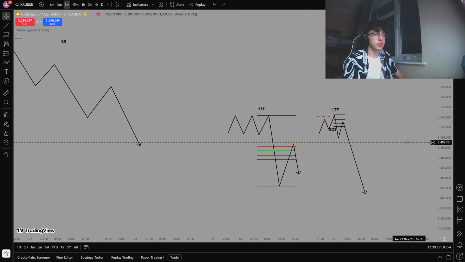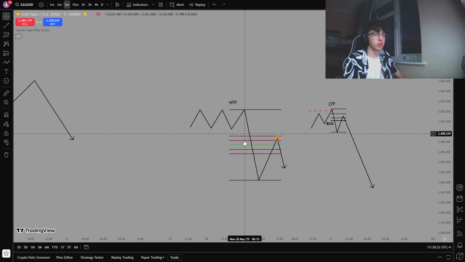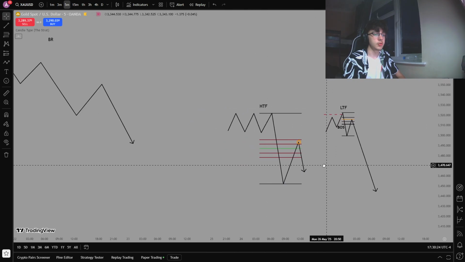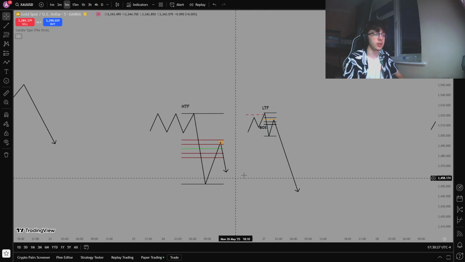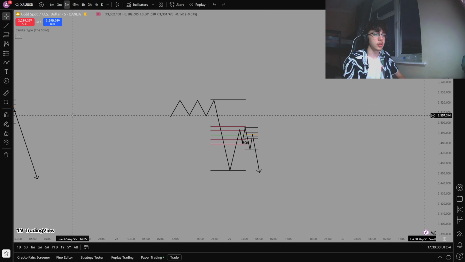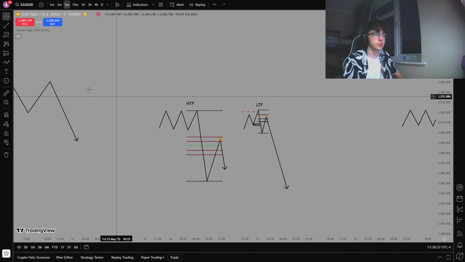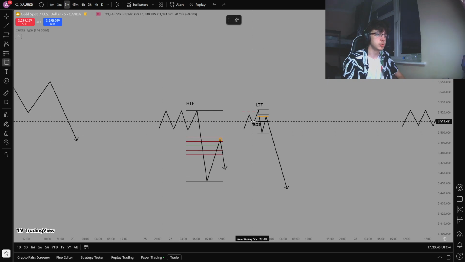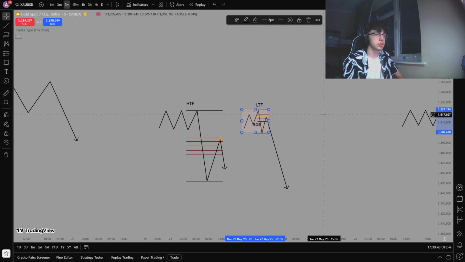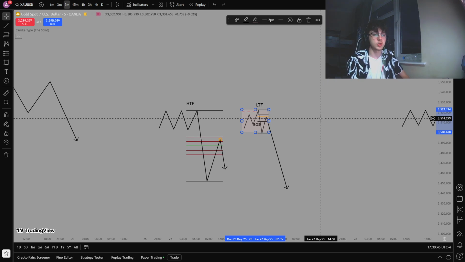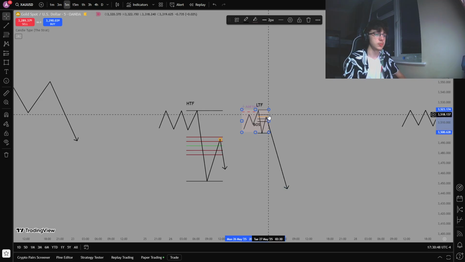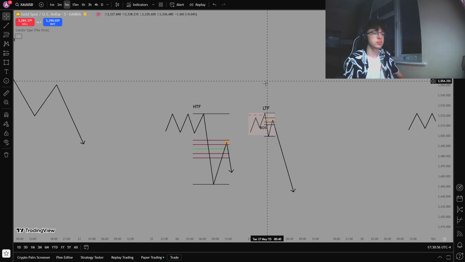Next video I'm going to be talking about echo deviation and how to pair that with lower time frames, then I'm going to talk about OTE, and then lastly how to pair it together, and some other stuff, for example this small model here, which is just a high break of structure, market structure shift, retrace into premium or discount depending on what you're looking for, bullish or bearish. And that's it.